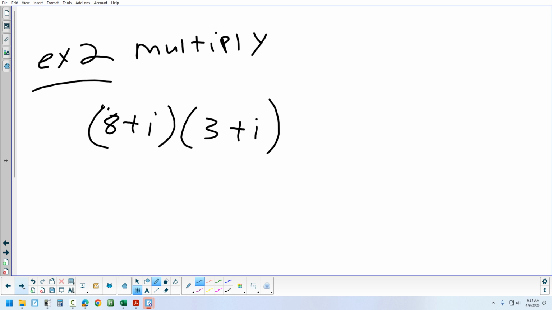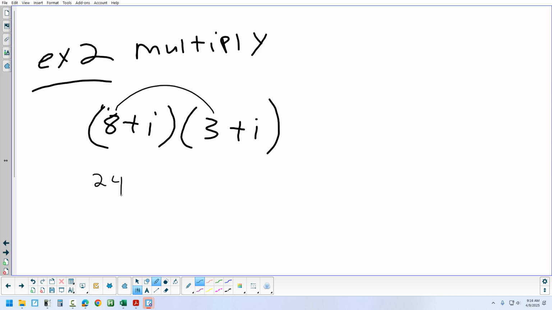Let's look at this one. 8 plus i and 3 plus i. This time, can somebody just tell me what's the first product you're going to do? 24. 8 and 3. Okay, I heard 24. Yep.